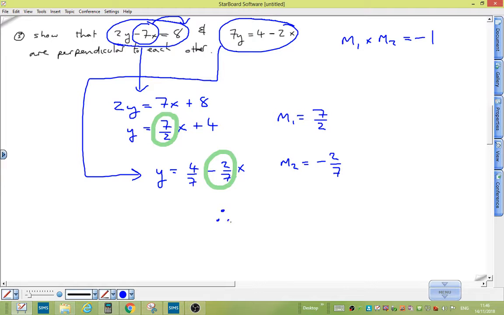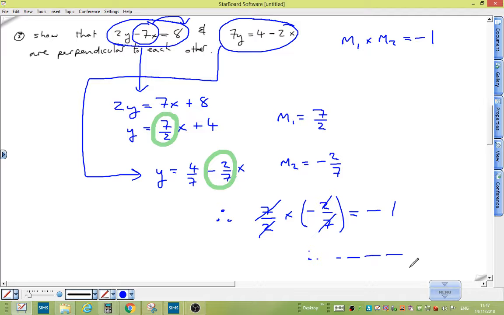Therefore, 7 over 2 multiplied by minus 2 over 7 gives you, well, a positive times a negative gives you a negative, and you can cross cancel here. 2 goes into there once, 7 goes into there once, 1 over 1 gives you 1. Therefore, perpendicular. Any people got that and remembered that?